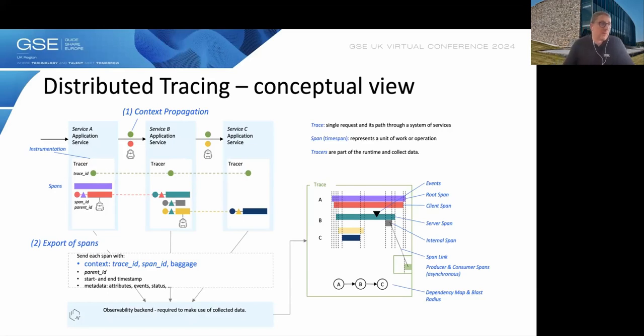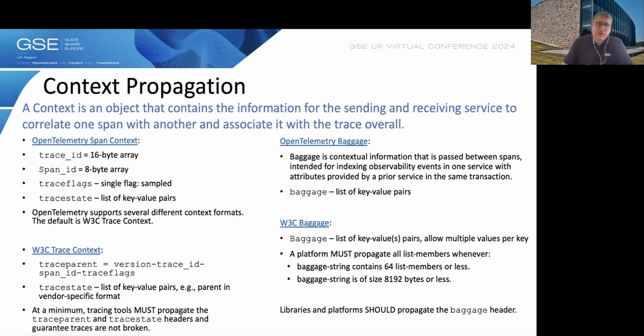If we look at context in more detail, then we need to get to the point of which definitions are in focus for context propagation. And OpenTelemetry builds here on the specifications that W3C trace context, and as well W3C baggage, define.